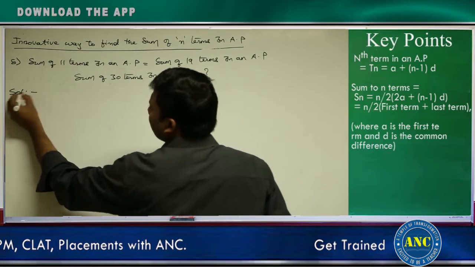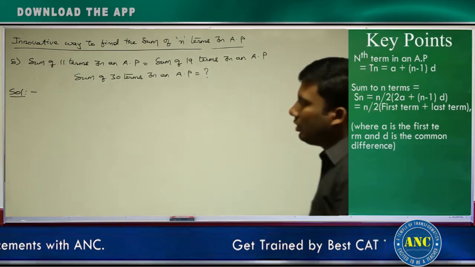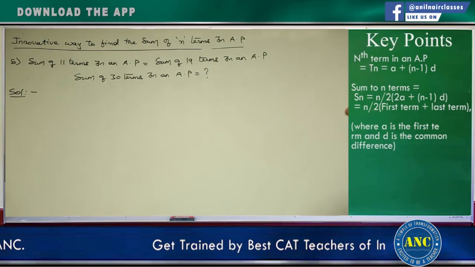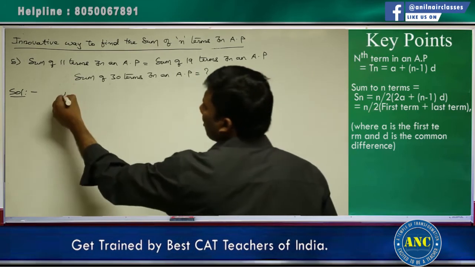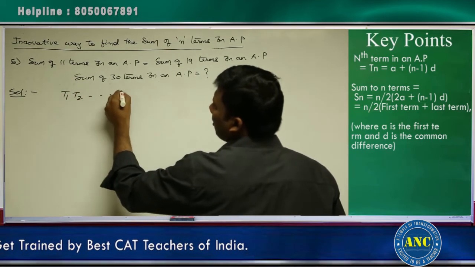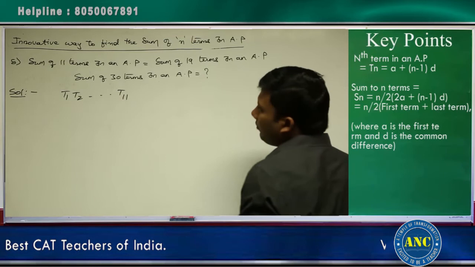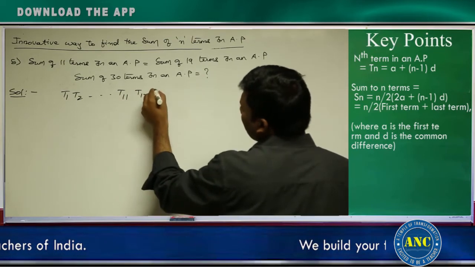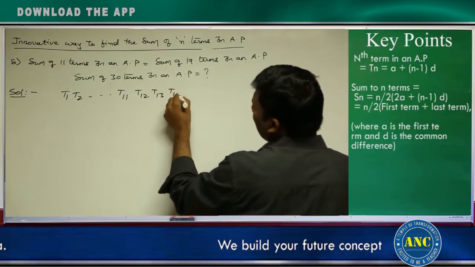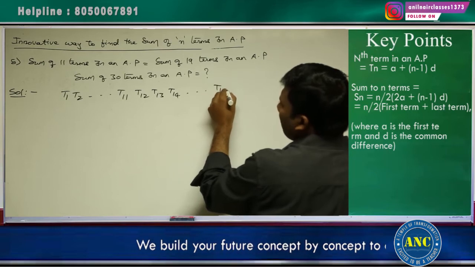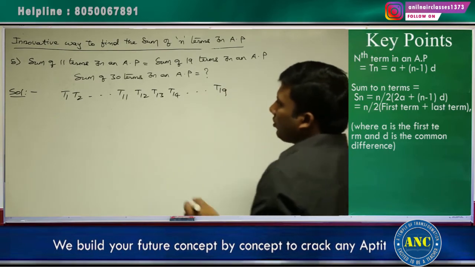Listen carefully. Step number 1. Sum of 11 terms in an arithmetic progression: T1, T2, up to T11. Sum of 19 terms: T12, T13, T14 and so on up to T19. Read the question.